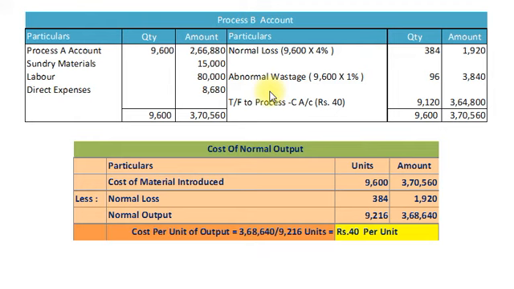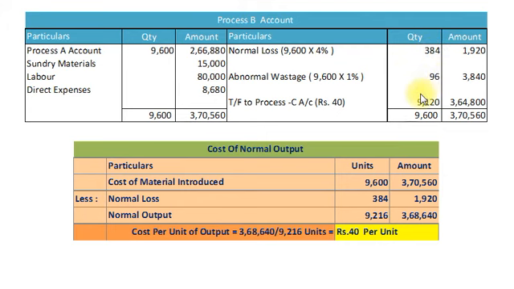So this 1% will be considered as our abnormal wastage. So it would be 1% of 9,600 units, that is 96 units. And finally output of process B transferred to process C, that is 9,120 units, like 9,600 minus 384 minus 96.